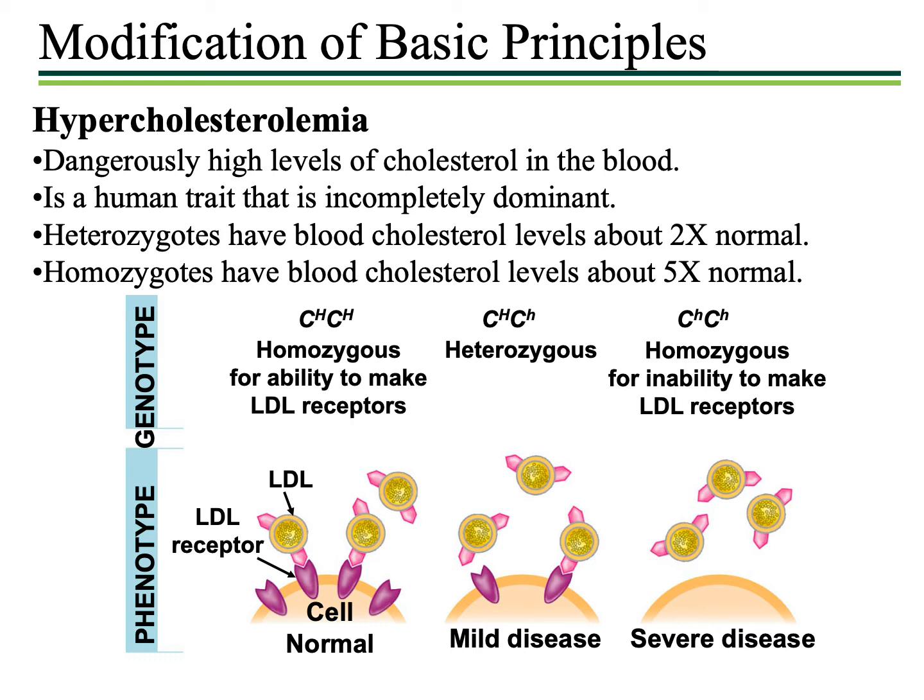On the far right, you have individuals that are homozygous for the mutation, and in this case, they don't produce the receptor that helps draw in the cholesterol from the blood, and so these individuals have a very severe form of this disorder. In the center, you have heterozygous individuals, and heterozygous individuals have one allele that allows for the production of the receptor and one allele that does not.